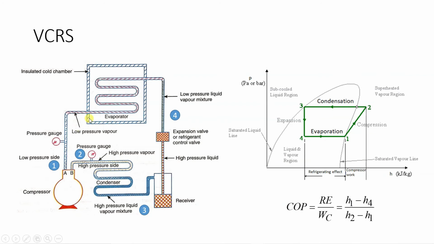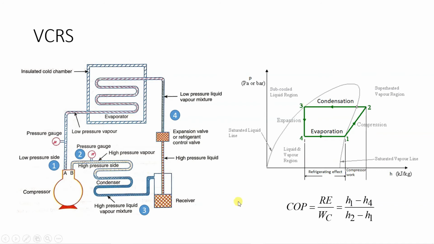It is saturated vapor. Then 1 to 2 is isentropic compression. 2 to 3 is constant pressure heat rejection, and at point number 3 we have saturated liquid.